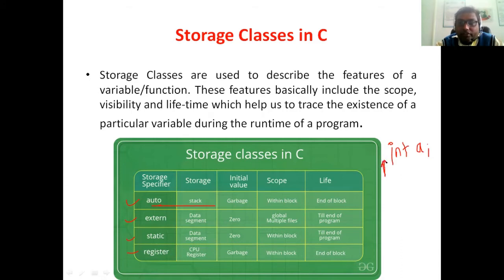It means that by default, every variable has the auto storage specifier. That means it's the automatic storage specifier. Automatic is the default storage specifier. If you have declared it or not declared it, it doesn't affect your declaration. So auto is the keyword we can use.